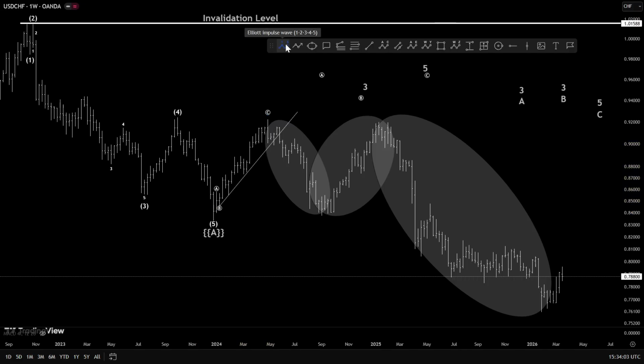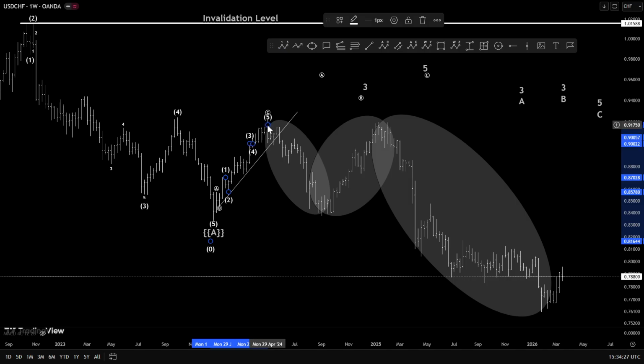And the rules of an ending diagonal are that after wave 1, wave 2 corrects, and wave 2 can never end beyond the starting point of wave 1. Now we have wave 3, then a convergent structure wave 4, then end it with wave 5.